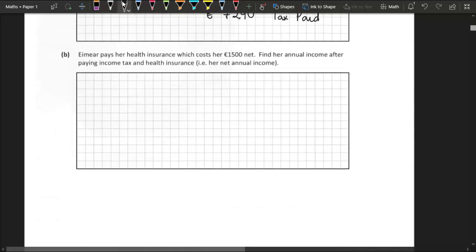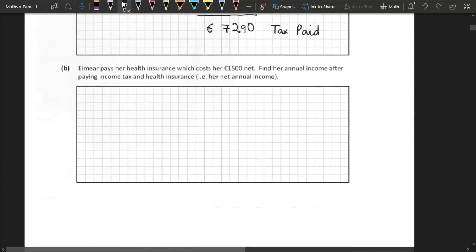So we'll move on to the next question. If Emer is paying her health insurance, which costs her 1,500 euros net, find her annual income after paying income tax and her health insurance. So what we're going to have a look at is how to find her annual income. Well, we've got to look at her outgoings. First of all, she is paying tax, which is 7,290.